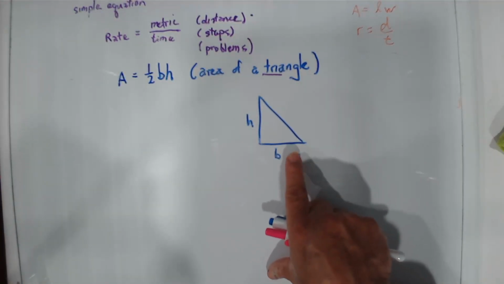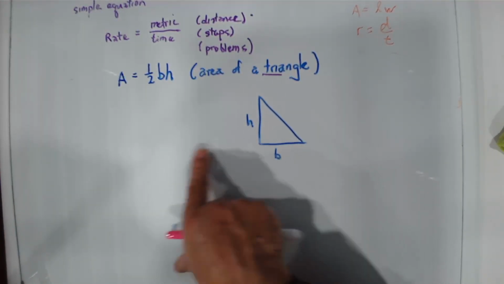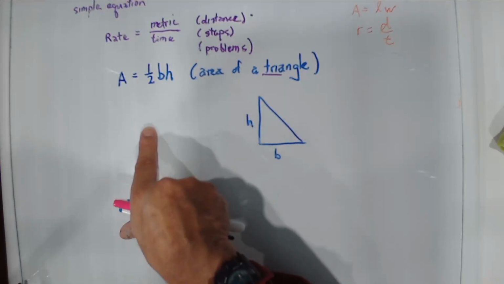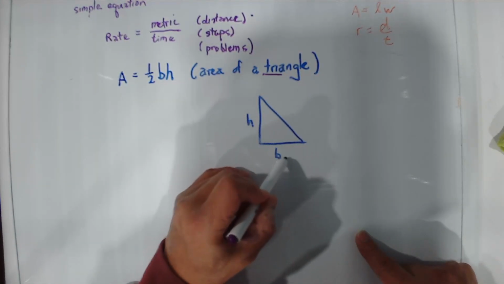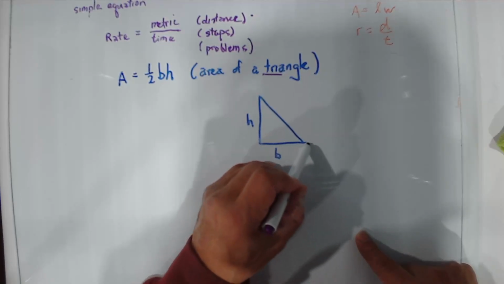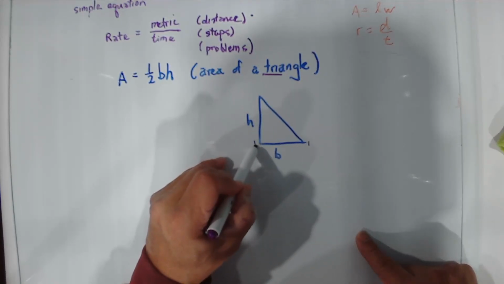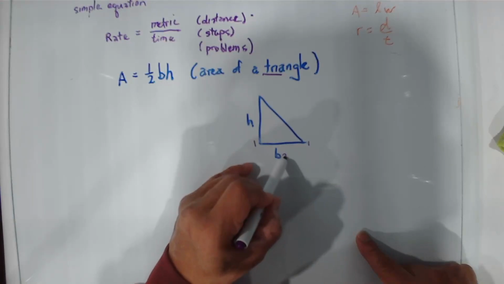I always like to draw a picture of something so I can understand what we're talking about. When you draw a triangle, here's our base, and so this length here is our base.